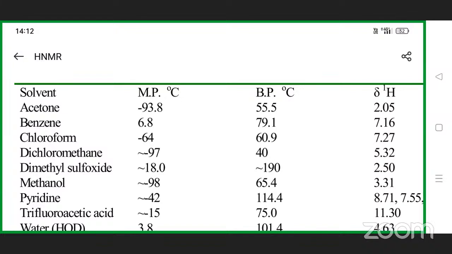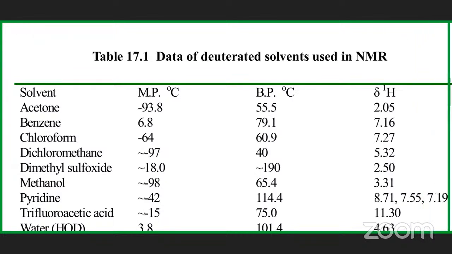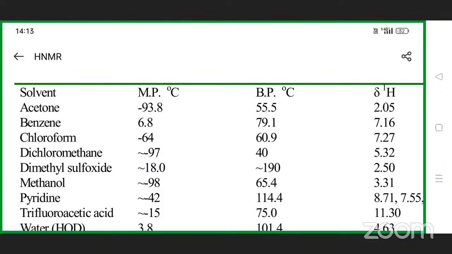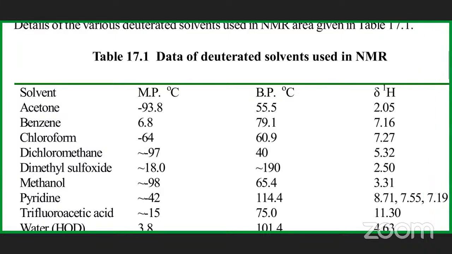Those small peaks generally correspond to your solvent, because your compound gives the large, more intense peaks. The very weak peaks observed in the graph correspond to your solvents, and the positions where solvent peaks appear are given in this table.